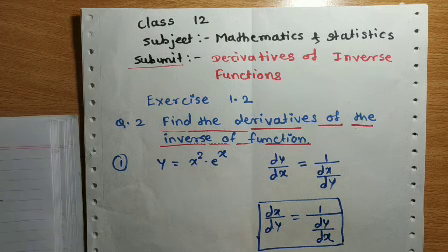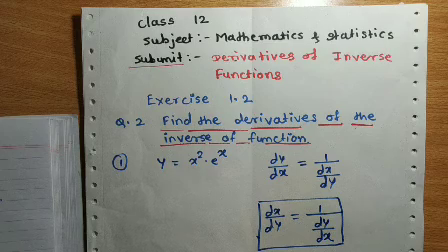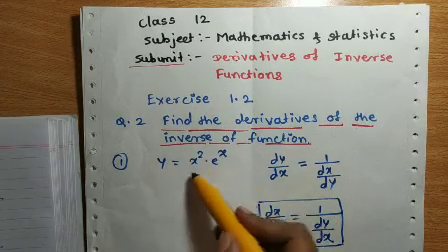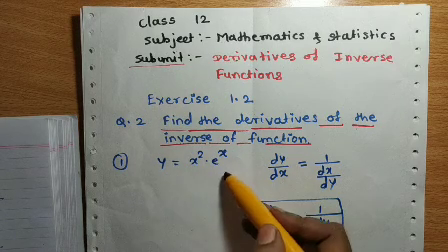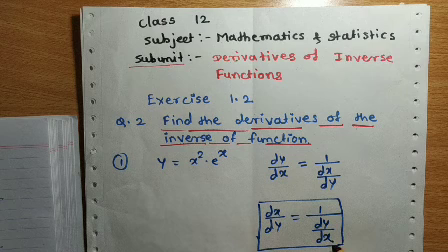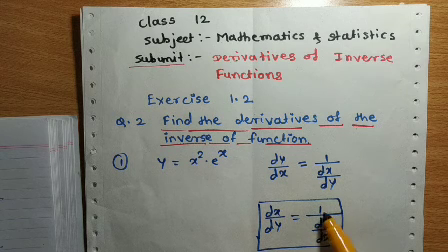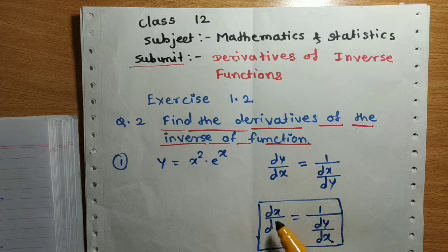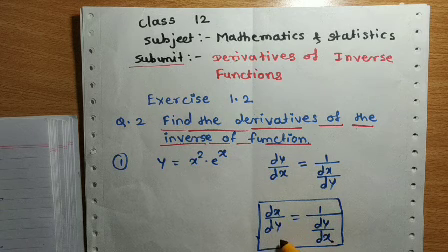First we solve the derivative of the given function, and the inverse of that derivative becomes 1 upon dy by dx, and 1 upon dy by dx becomes dx upon dy.